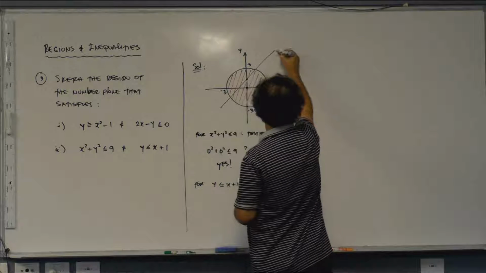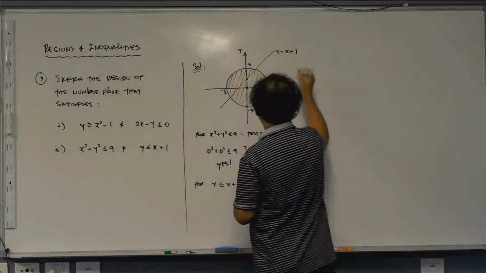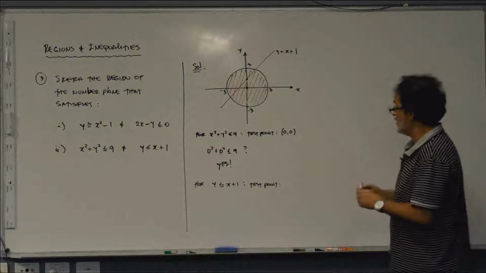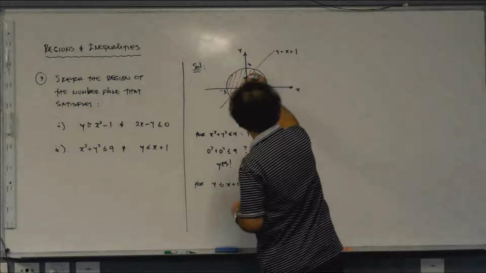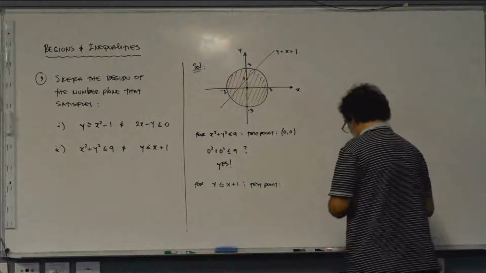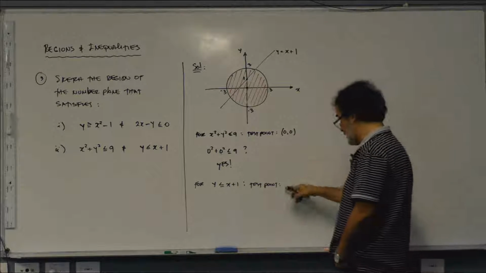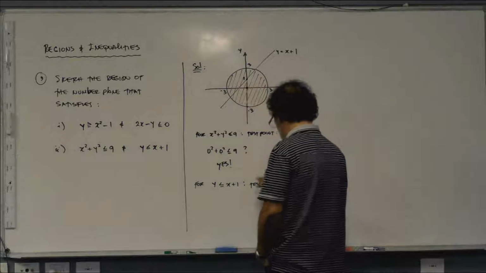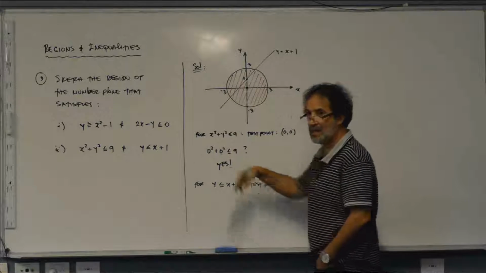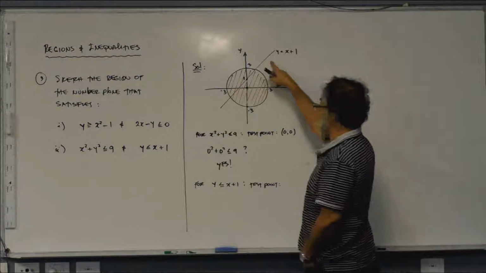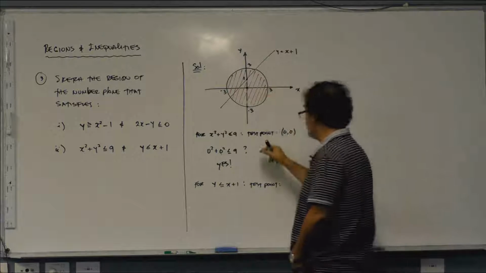Okay, so this is y equals x plus 1. And this is 1. I'm going to finish this and then I'm going to come back to how we sketch this one, all right?